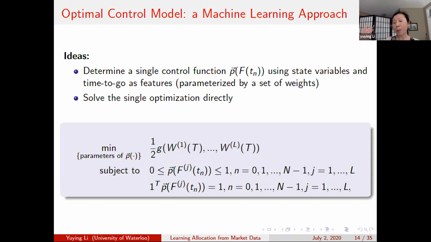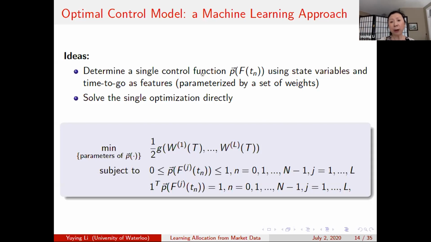Or it could be other market variables like realized volatility or volatility index or whatnot you can come up with, or a trading signal from moving average and so forth, right? So the main idea is that I'm going to represent the optimal control for every rebalancing time using a single control function, where the feature will reflect the market state variables for my control, as well as where I am, how much time is left.